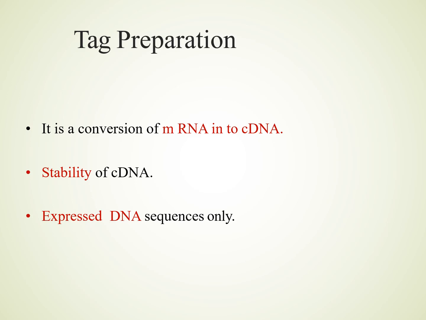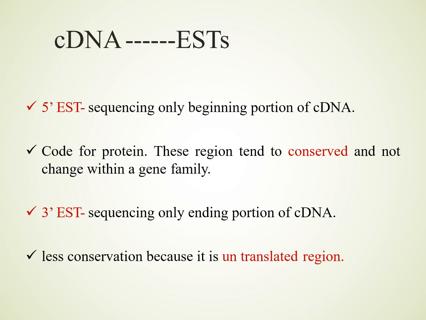So the cDNA consists of a gene sequence free from introns. This cDNA represents only expressed DNA sequence. Finally, the sequencing of that cDNA is carried out, but this sequencing is done for the beginning portion of the cDNA only.